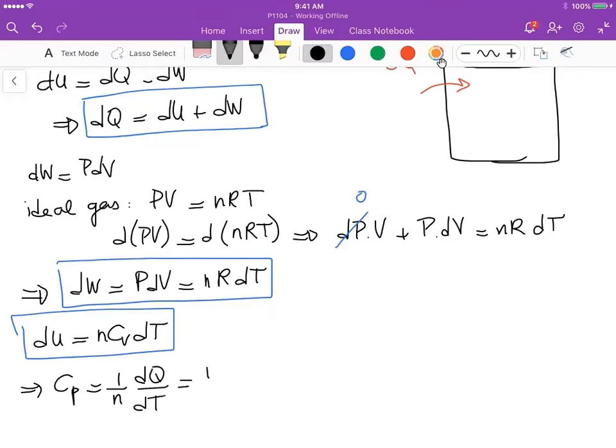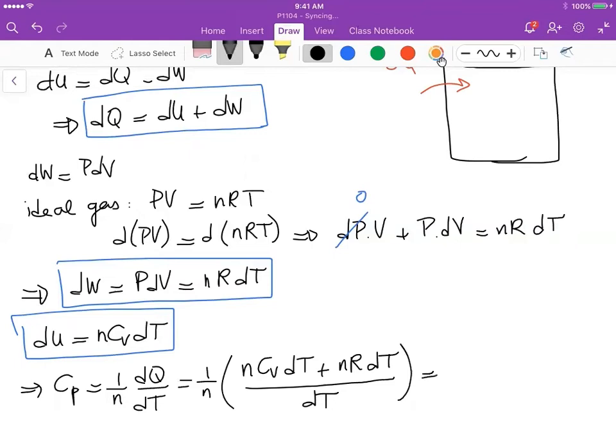So it is equal to 1 over n times dQ هي عبارة قلنا dU plus dW. So dU هي nCv dT plus dW هي nR dT divided by dT, right?